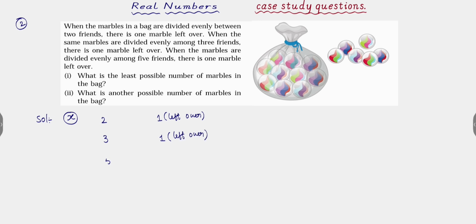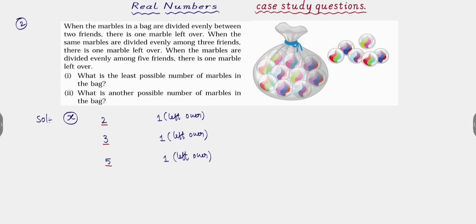When they are distributed among five people also, one is left over. So what should you understand by this? The number x is not exactly divisible by 2, 3, 5, but it leaves remainder 1 when you divide x by 2, 3, 5.